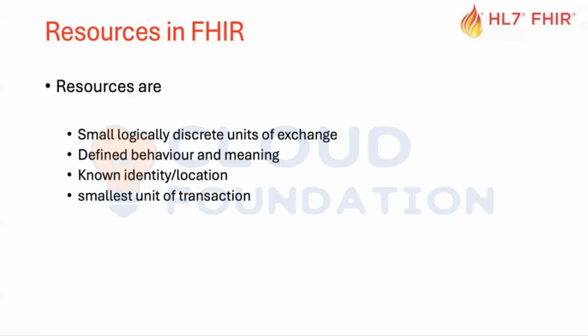They have known identity or location, and they are the smallest unit of transaction. These are all the key points. You should also note this down and keep those in mind. By reading these four bullet points, you get an understanding of what resources are. Having any doubt?